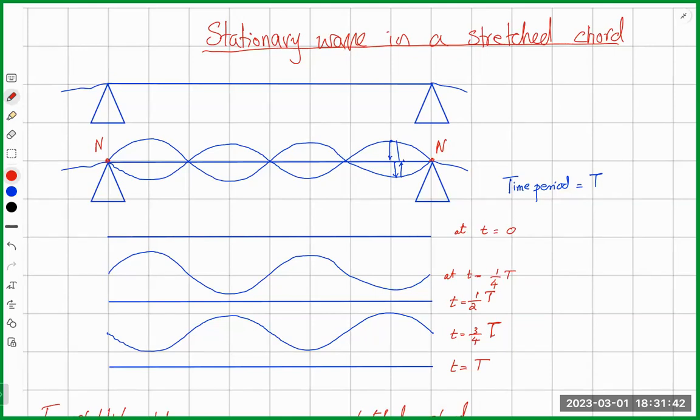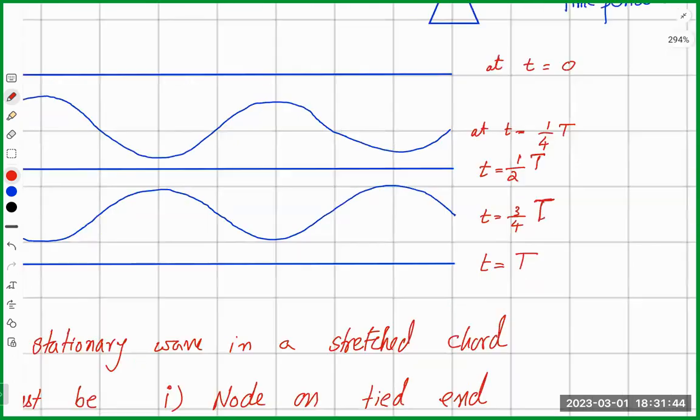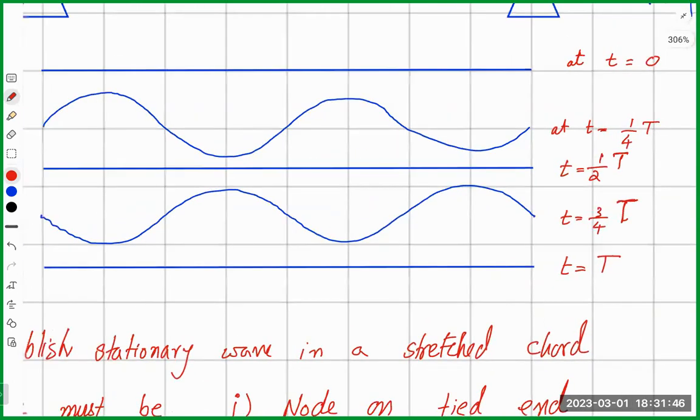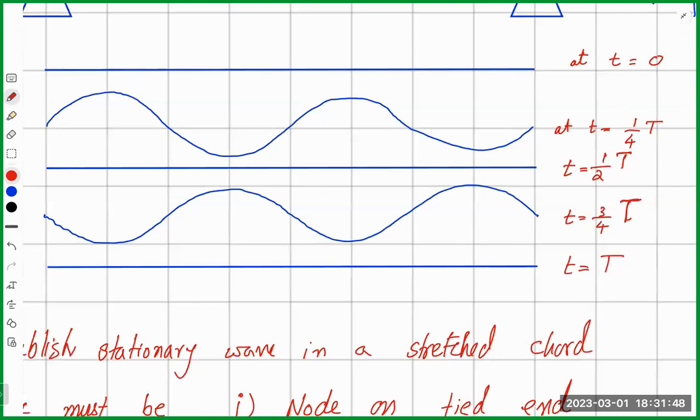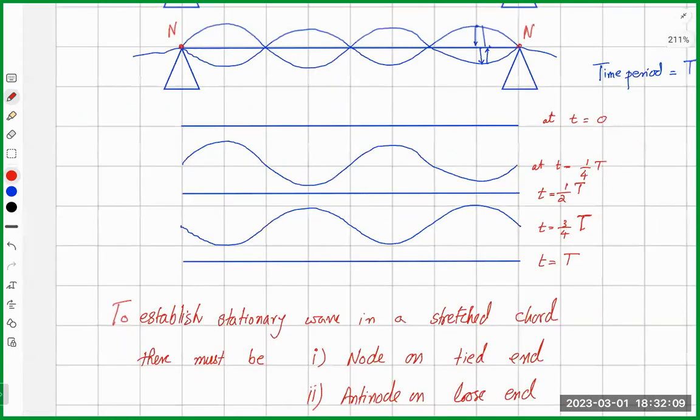After a quarter of a time period, you should see a wave like this, with the particles in this position. And then at half of the time period, the string becomes straight again. At 3/4, the particles are in the opposite position, and when one time period completes, the particles come back to the original position.